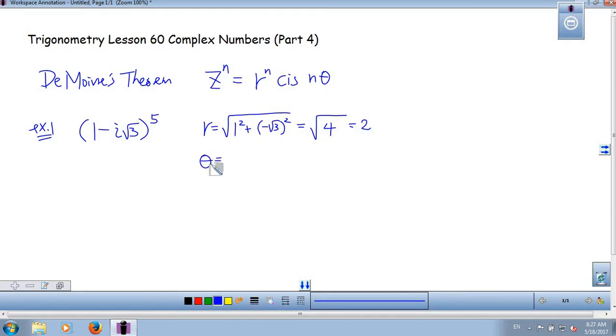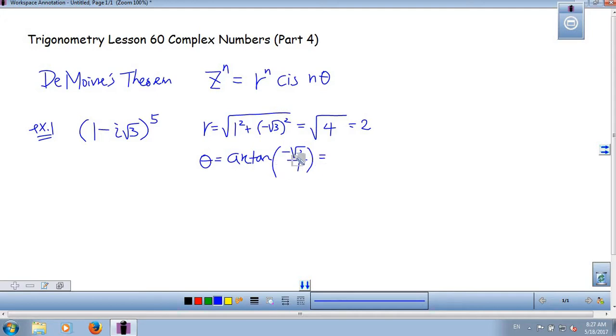And this complex number is in quadrant 4, so we can directly calculate the arctangent, which will give us a negative angle, and we can then add 360 to get the positive angle between 0 and 360 degrees.